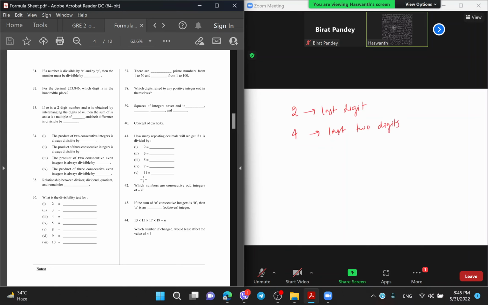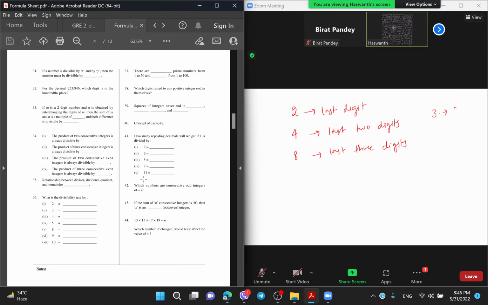A number is said to be divisible by 8 if the last three digits are divisible by 8. For 2, the last digit must be divisible by 2. For 4, the last two digits must be divisible by 4. For 8, the last three digits must be divisible by 8.